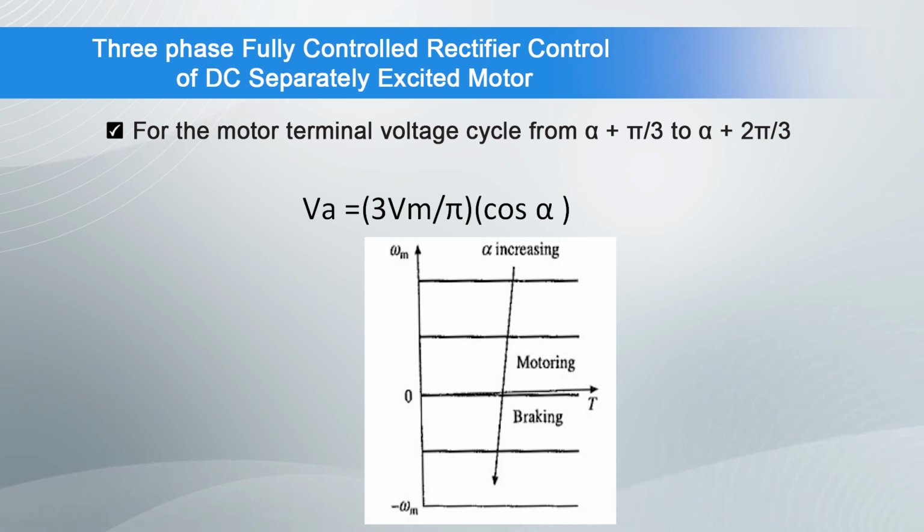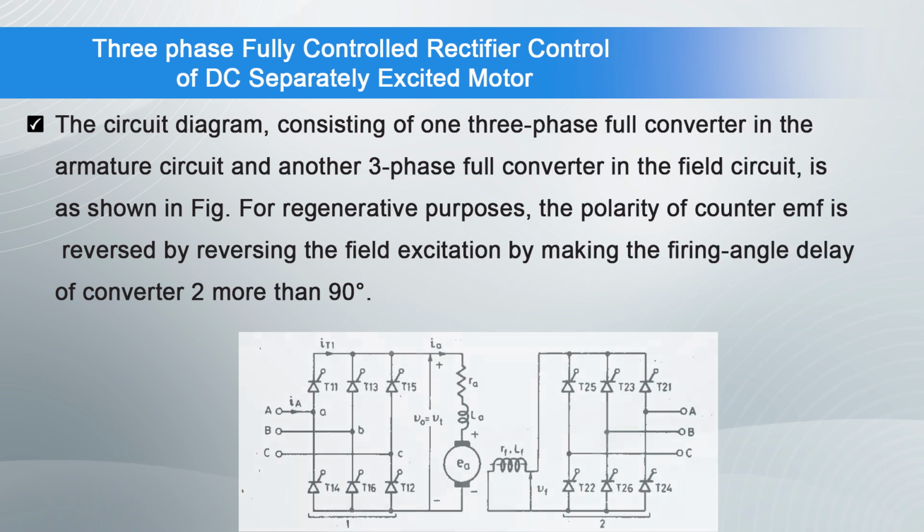It offers 2-quadrant drive and it is used up to about 1500 kilowatt drives. This drive operates in quadrant 1 and quadrant 4. The circuit diagram, which consists of one 3-phase full converter in armature circuit and another 3-phase full wave converter in field circuit, is shown in the figure.